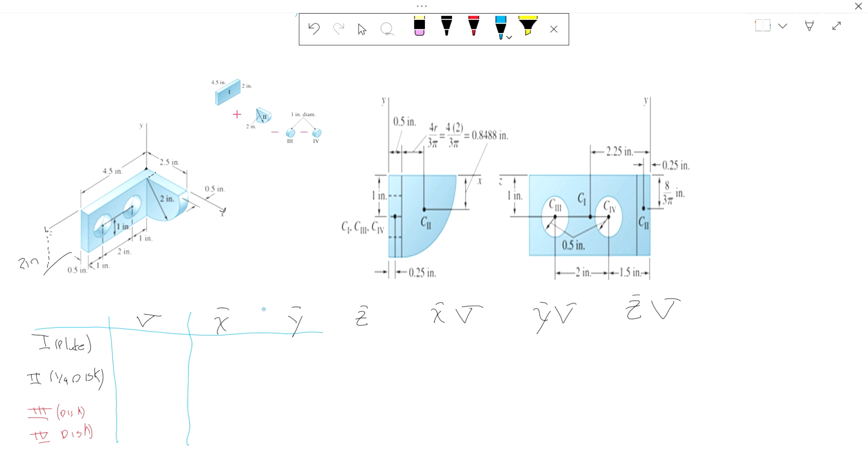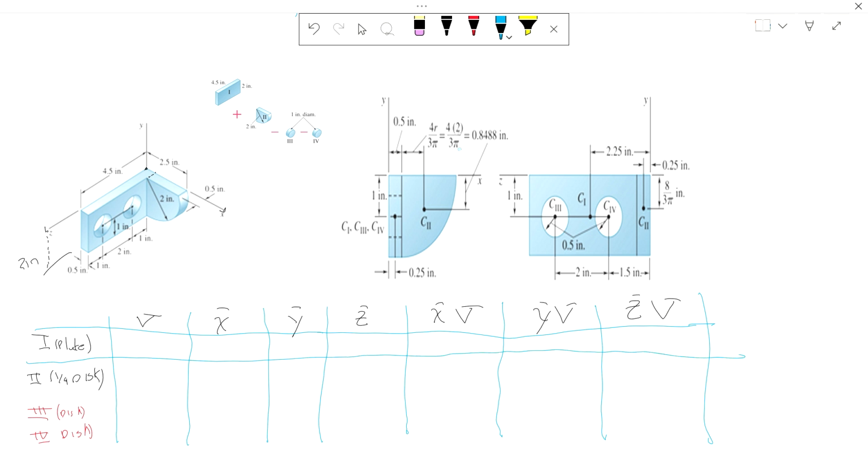Okay, so let's create the table, because at the end we're going to find the centroid by finding x bar times V divided by V. All right, so let's start with the first object, the plate.